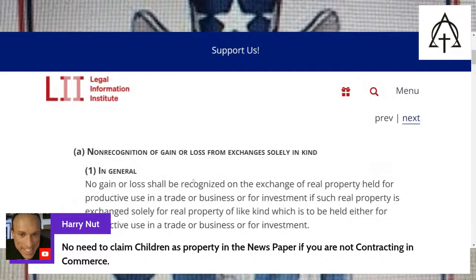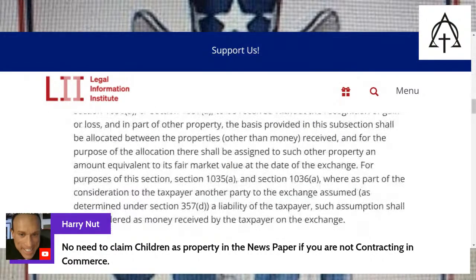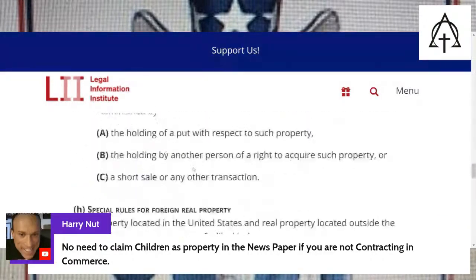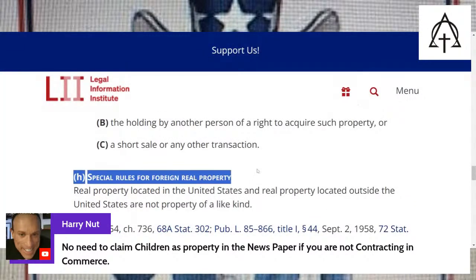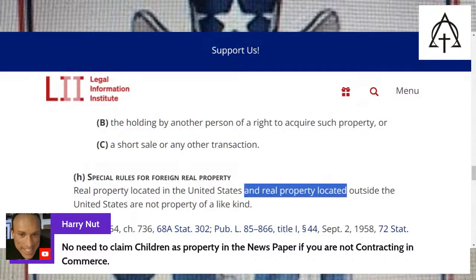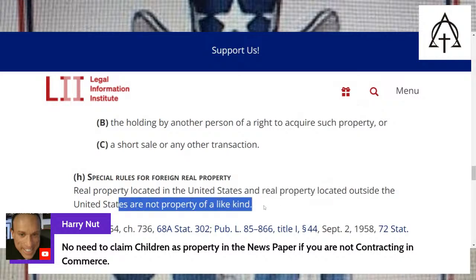And it says down in H, special rules for foreign real property. Real property located in the United States and real property located outside the United States are not property of like kind.